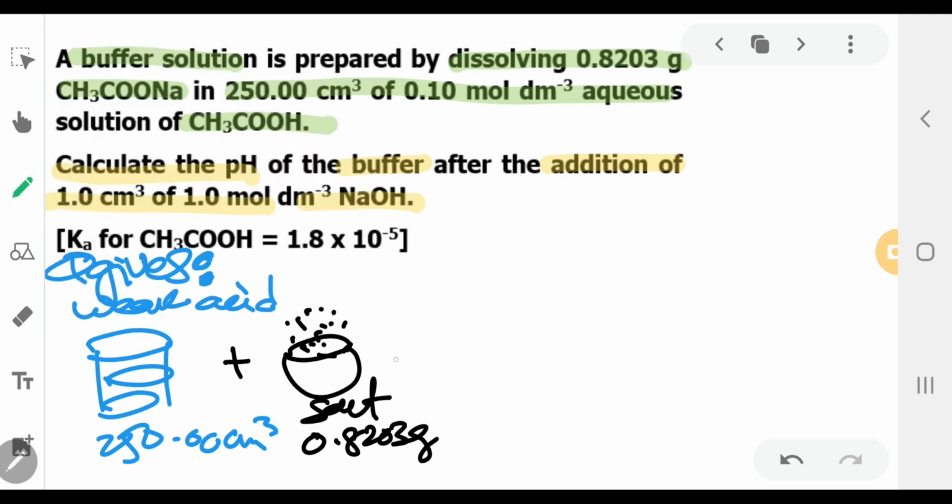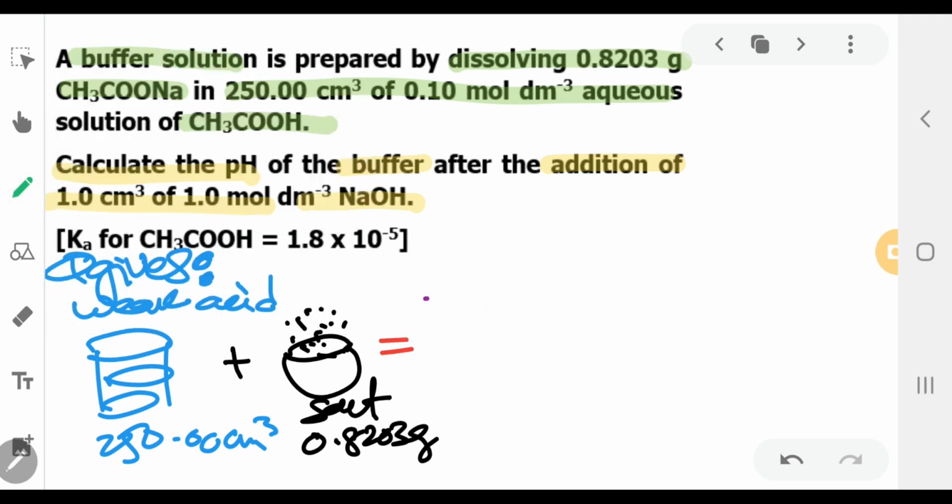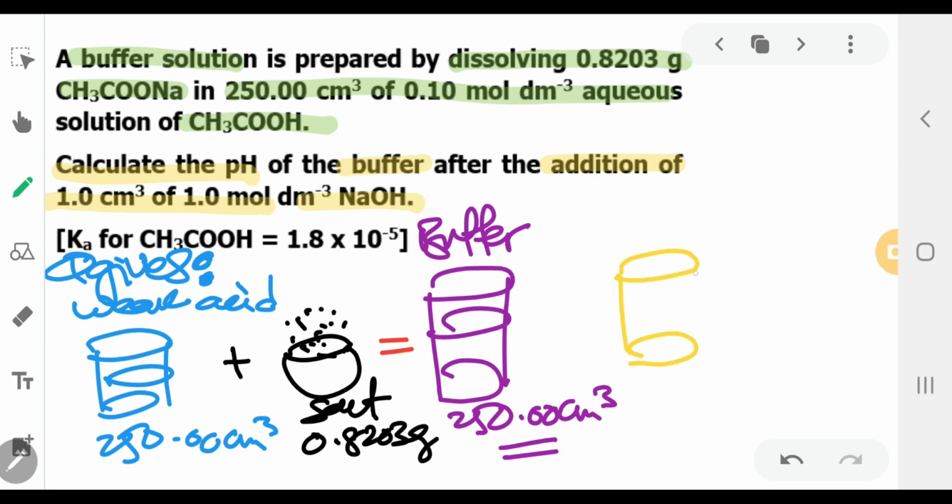So when you add those two together, you'll get a buffer. So now you have your buffer solution. The volume is 250 centimeter cubic. And what happened? We're going to add a small amount of strong base. Okay, so we have, this is the strong base.